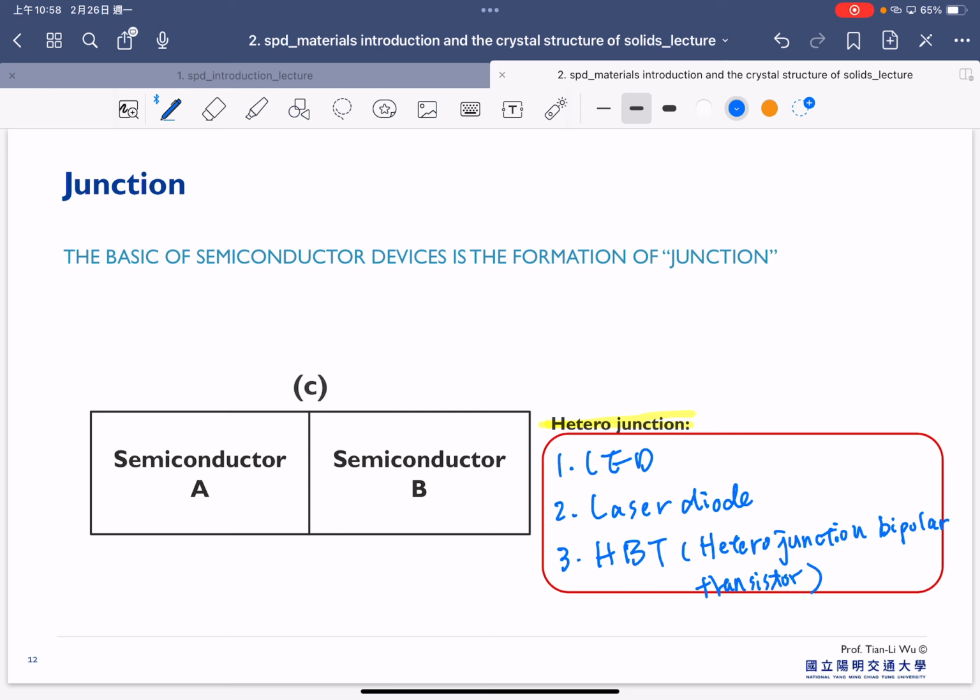And the last one is the HEMT. The full name for the HEMT is high electron mobility transistor. So that's what we call the HEMT structure. One example of two semiconductors combined together is the gallium nitride HEMT.